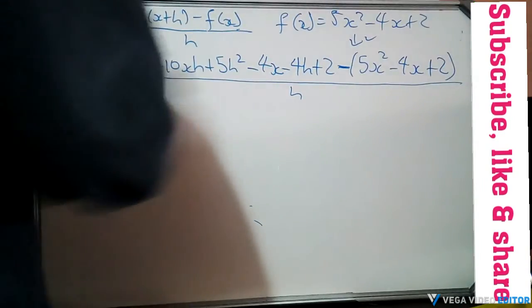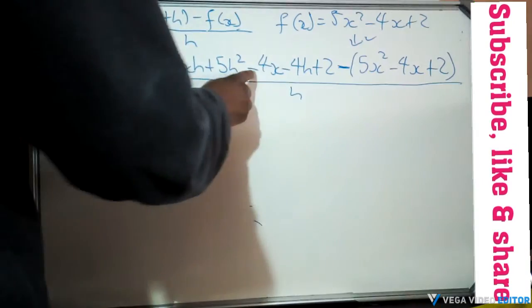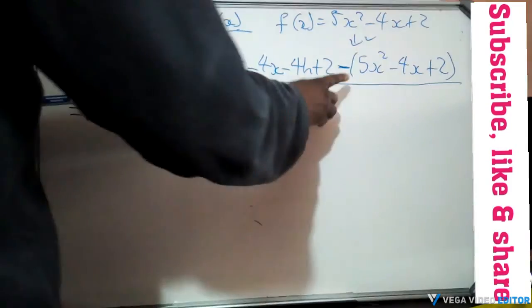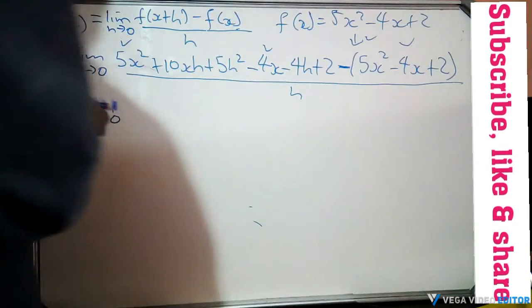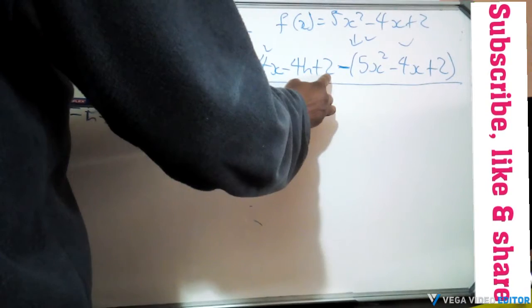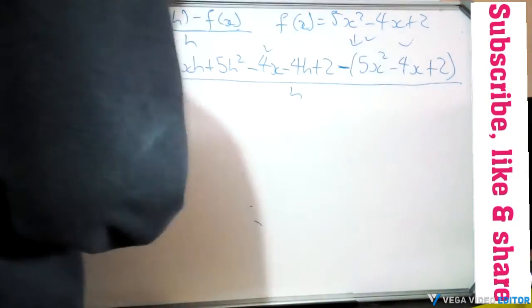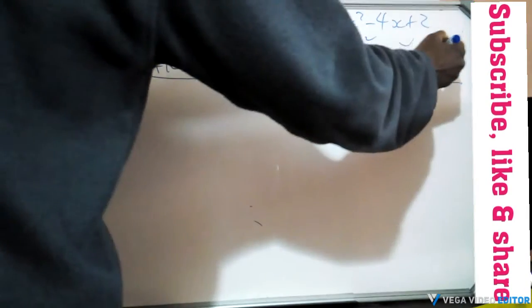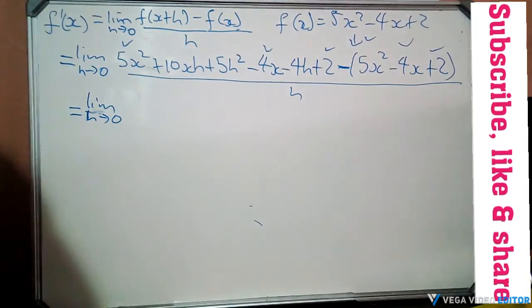And then we've got minus 4x plus 4x, so that one is out as well. Then we've got 2 minus 2, so the 2 and the 2 are out. Which means that we've actually gotten rid of all of the f of x there.